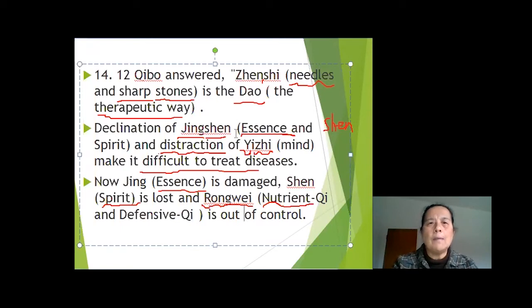So our needles and even herbs can only help if the patient, even with some trouble, still has shen in there and their organ function still in there. If their organ function is totally gone or shen is losing, that will be difficult to treat.